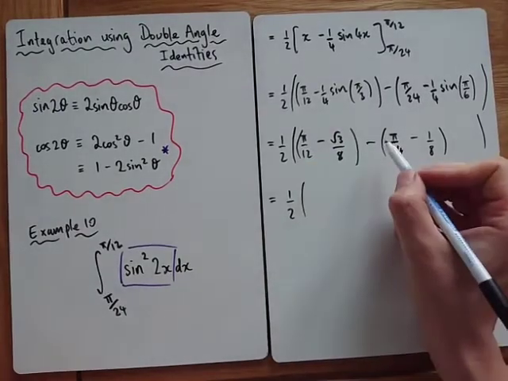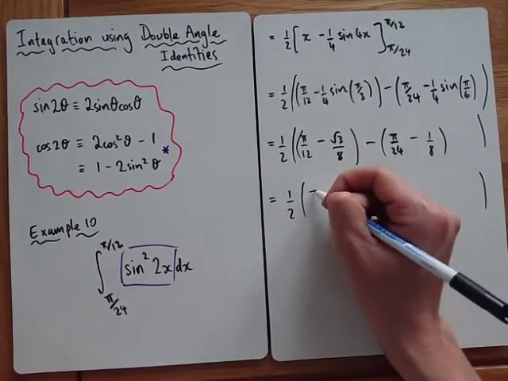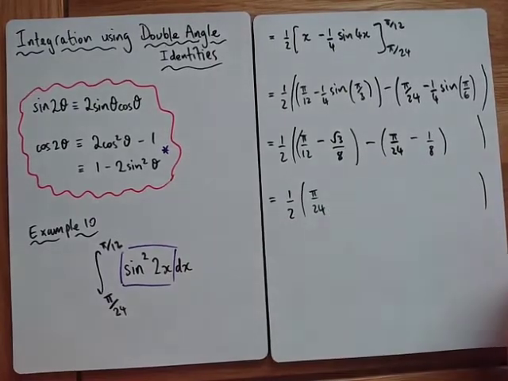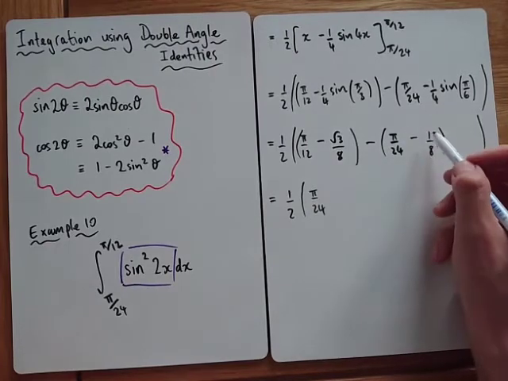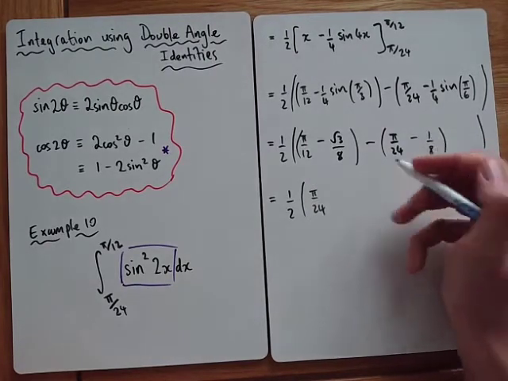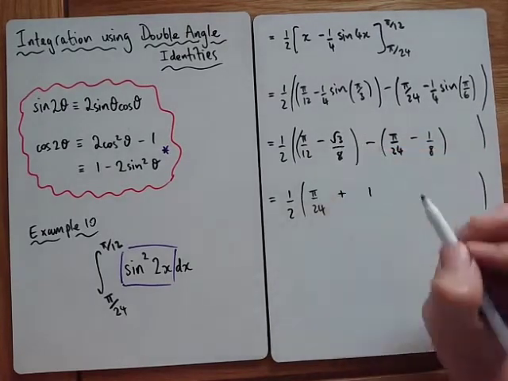So we've got pi over 12 minus pi over 24, so that's 2 24ths minus 1 24th, so that'll be pi over 24. Minus root 3 over 8 plus, because minus minus becomes plus, so plus 1/8, so that would be 1/8 minus root 3/8.